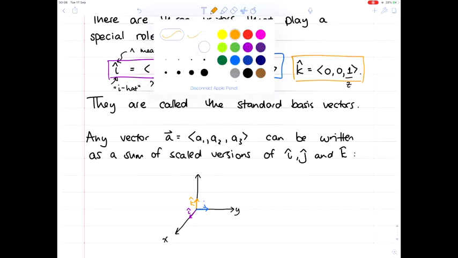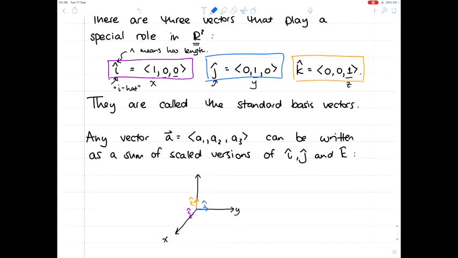So we should have a hat on top of j, and we should have a z up here. And what we're going to do is use these three vectors to express any vector given in component form, with components in each of the 3 directions.